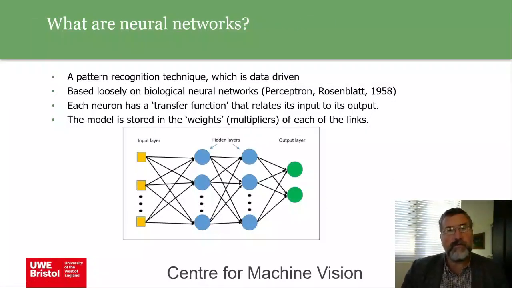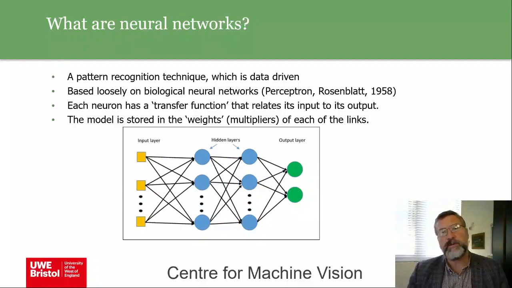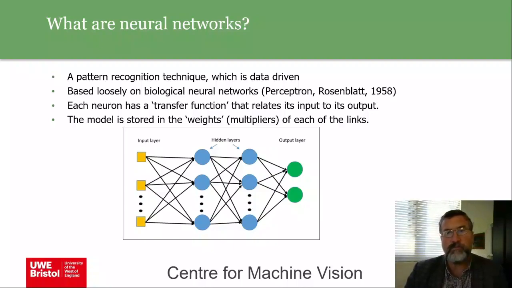Now, talking about neural networks, what is a neural network? Good question. A bit of a complicated subject, so I'll probably spend a couple of lectures talking about them. It's basically a pattern recognition technique which is data-driven. Now, it was actually invented by a chap called Rosenblatt in 1958. He called it the perceptron.